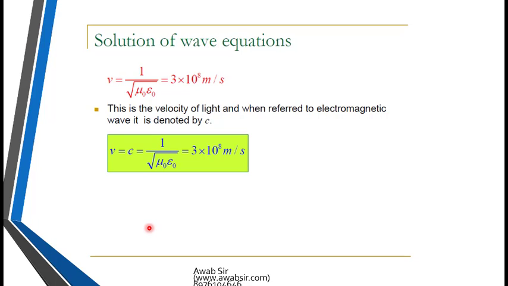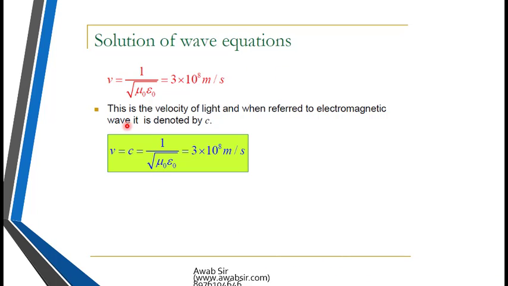If the medium is other than air, then v is equal to 1 upon square root of mu into epsilon. And if it is air, then we know the value of mu naught is 4 pi into 10 raised to minus 7. Epsilon naught has a value of 8.854 into 10 raised to minus 12. So if we put these values, then we get 3 into 10 raised to 8 meter per second. What does it mean?